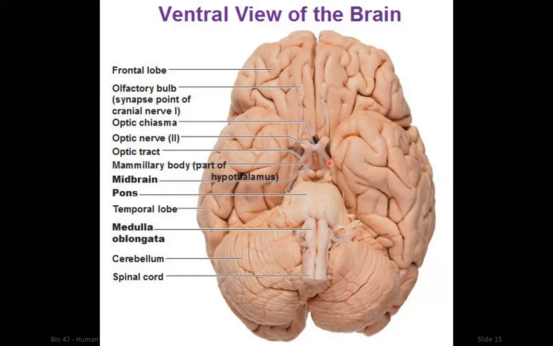Not labeled right here, there's a little piece that sticks out, and this would be the infundibular stalk. That's where the pituitary hangs from. So we're now above the sphenoid bone. In the posterior most part of the diencephalon are the mammillary bodies right here. The mammillary bodies are part of the limbic system, responsible for memories.